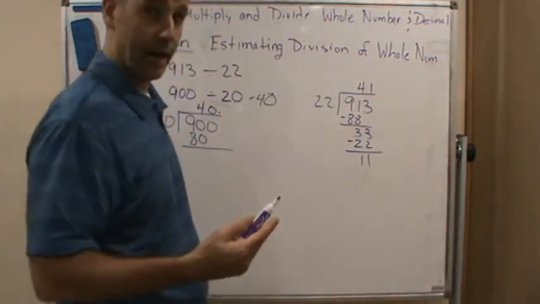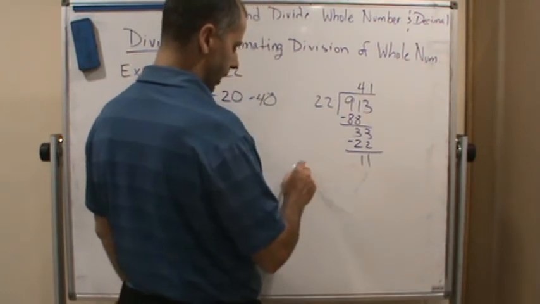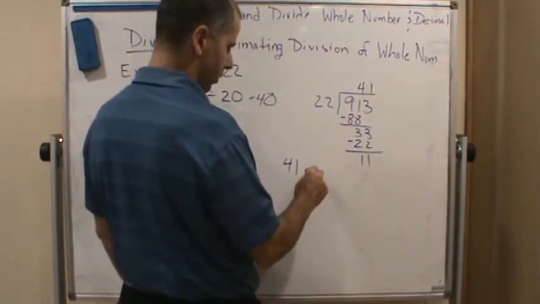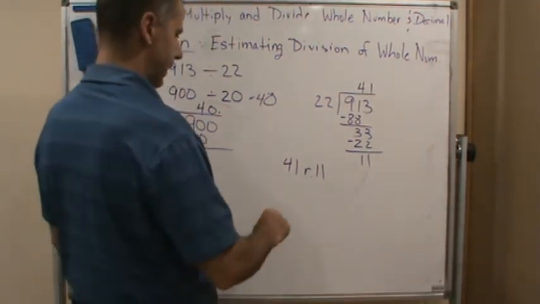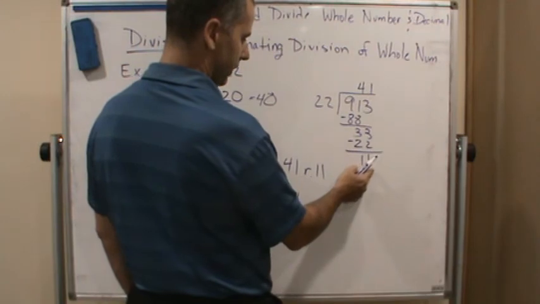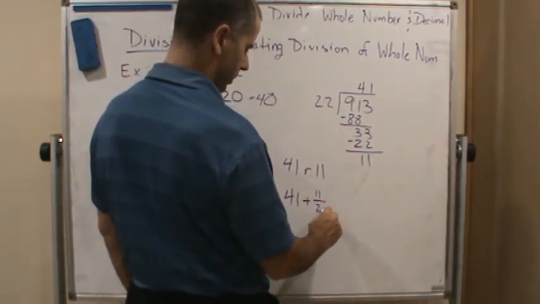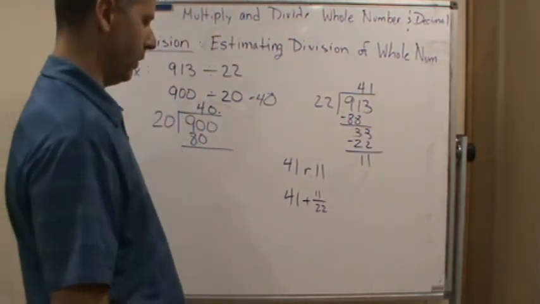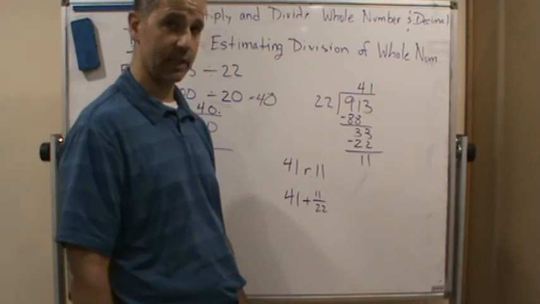So the answer I could write a couple of different ways. I could write it as 41 with a remainder of 11, or I can write it as 41 and 11 twenty-seconds. Because what I'm doing is I still have to divide, so 11 divided by 22 is left over.